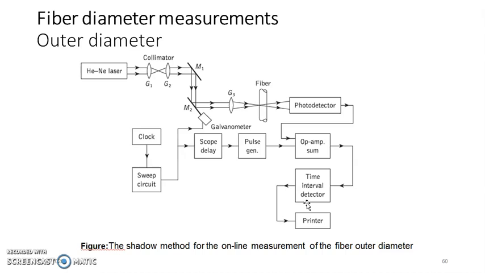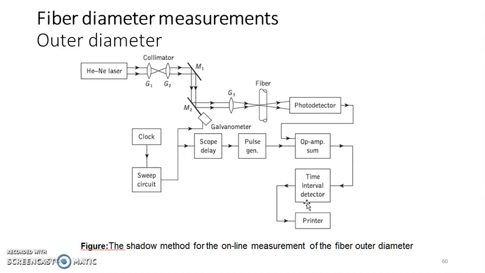Okay, so we can consider the given specific time where we get that particular shadow on this photo detector. The beam comes from the laser operating at a specific wavelength, 0.6328 micrometer, and the light is collimated using the two lenses, G1 and G2.